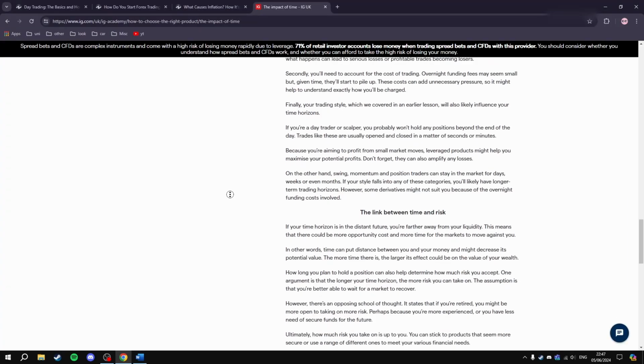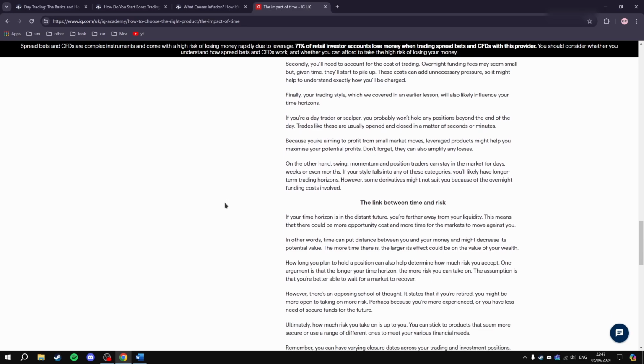Secondly, you need to account for the cost of trading. Overnight funding fees may seem small at first, but given time, they'll start to pile up.